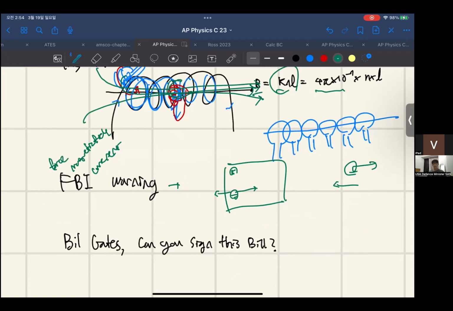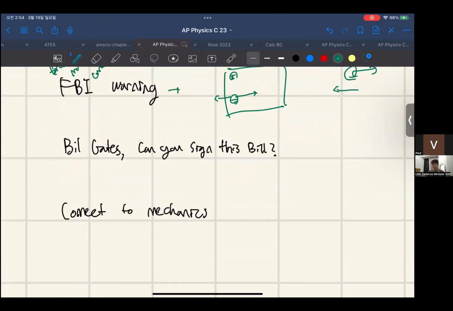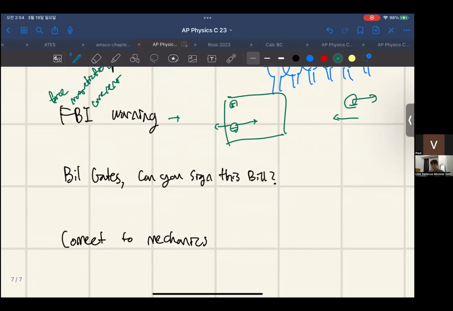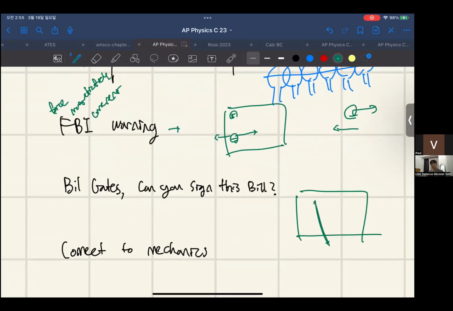The next thing is Bill Yates, can you sign this bill? Basically, this is the force that, now what's interesting is that not only a particle, but also a wire that has current flowing would also be induced force. Because wires are literally a platform for particles to move.